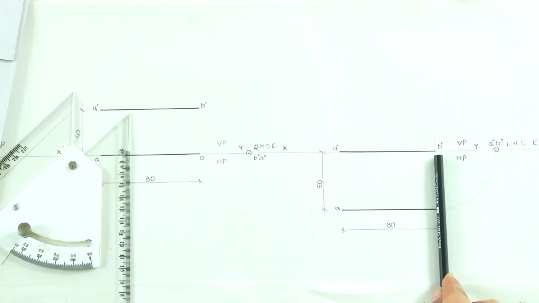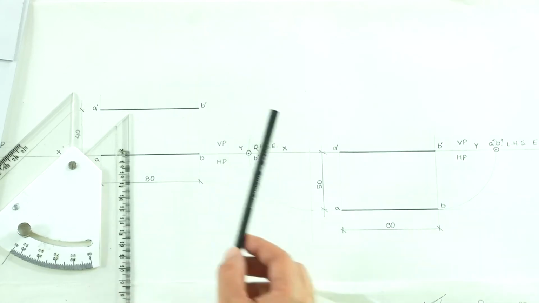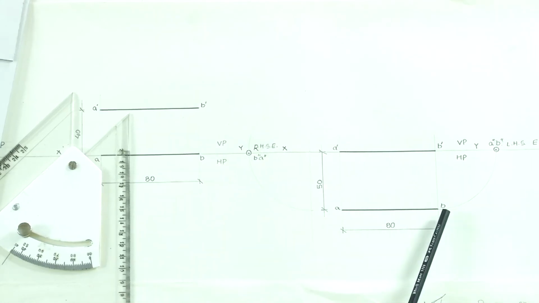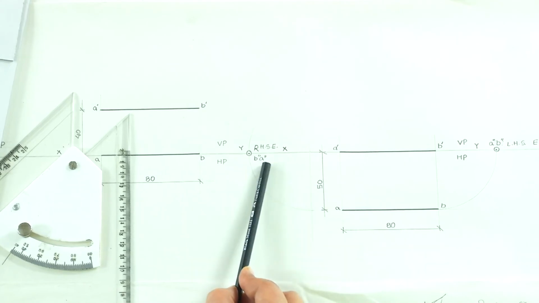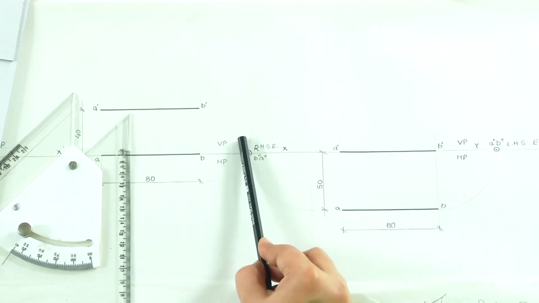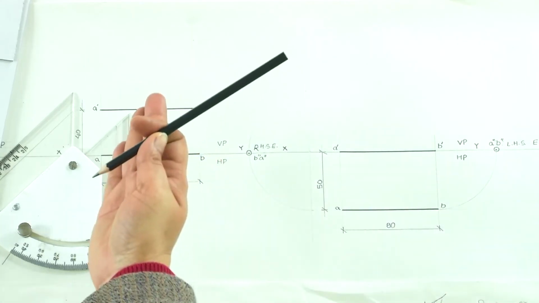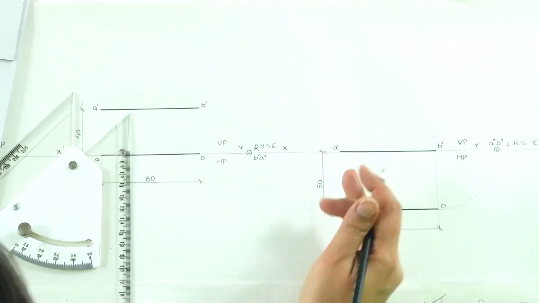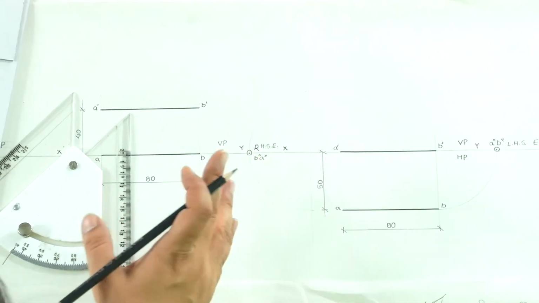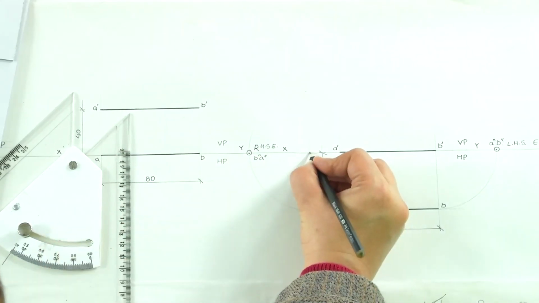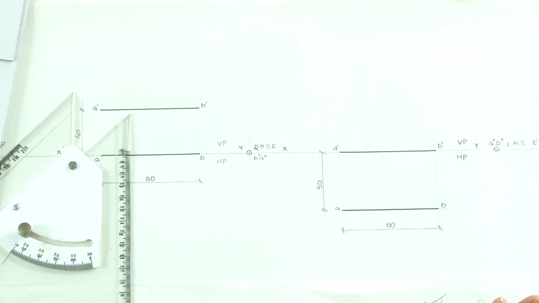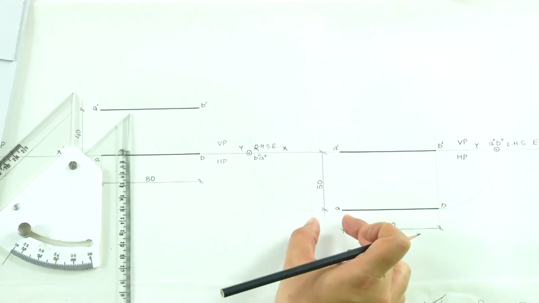So we are seeing it from the right hand side and it is drawn on the left hand side, and what we see first is this point B, then A. So B double dash, A double dash, and this is the right hand side elevation drawn on the left hand side, and this projection screen on the side is starting slightly away. It is not mandatory, it is not even required to mention the distance.